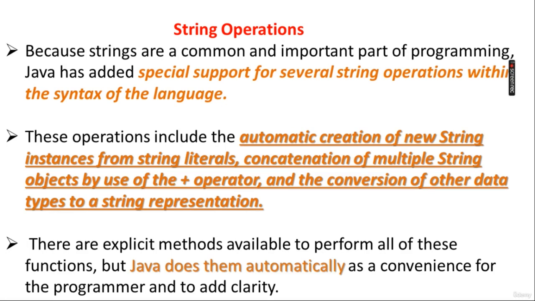These operations include automatic creation of new string instances from string literals, concatenation of multiple string objects by use of the plus operator, and conversion of other data types to a string representation. There are explicit methods available to perform all these functions, but Java does them automatically as a convenience for the programmer and to add clarity.